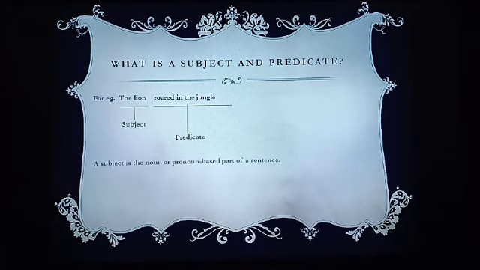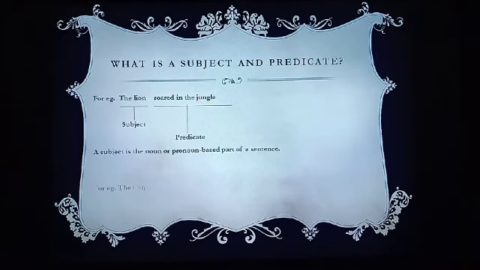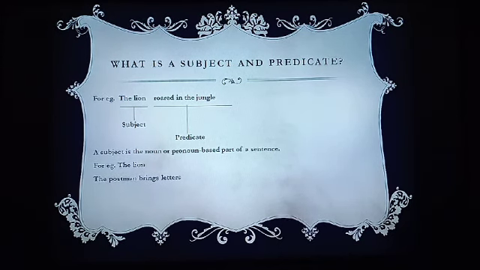Viewer, a subject is a noun or pronoun based part of a sentence. For example, the lion. Lion is a noun and it is the subject. Let us take another example. The postman brings letters. So, the postman is a noun and is the subject in the given sentence.